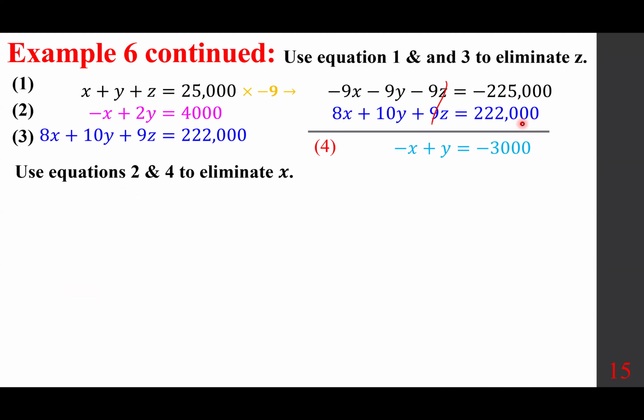We are going to combine equations 2 and 4, and we're going to eliminate one of the variables. It's easier to just change the sign for x here or here to get rid of it. Doesn't matter which one.